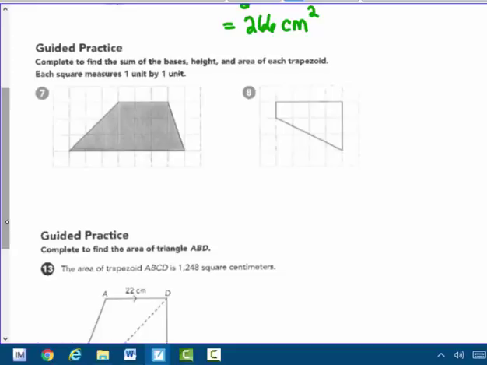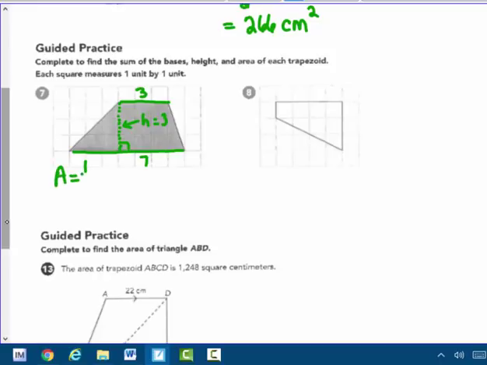Okay, so number 7, same thing. I know the height of this guy, box. There's the perpendicular. This is the bases. That's base 1. Here's base 2. Base 1 is 3. Base 2 is 7. The height is 3. So do I have everything I need? Yep.